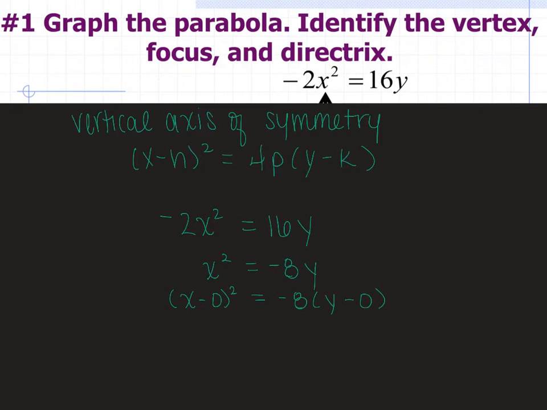So let's start with our vertex. Our vertex is h, k, and for us, that's just going to be 0, 0. Now we can talk about our focus. To find our focus, we need to find our p-value.